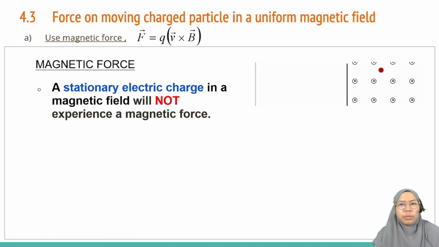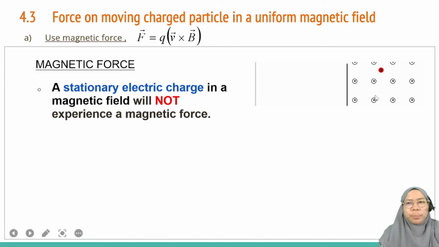Okay, refer to the diagram and also the statement over here. A stationary electric charge in a magnetic field will not experience a magnetic force. So this is a stationary electric charge in a magnetic field. Okay, so this charge will not experience magnetic force.